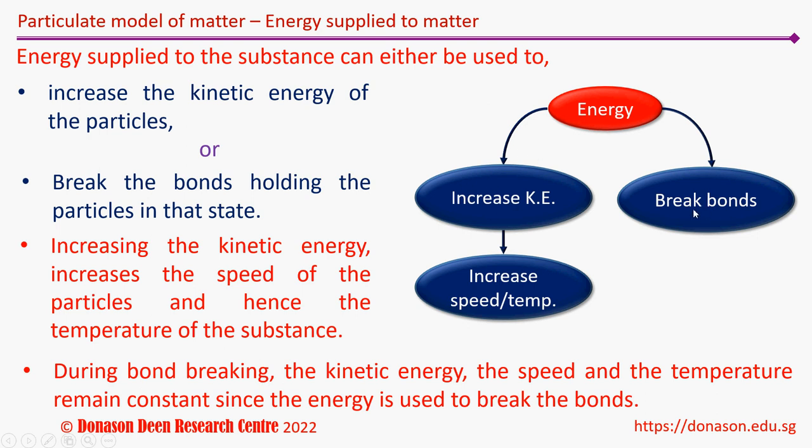So obviously throughout the process of breaking bonds, the kinetic energy is not going to increase or decrease, so it's going to remain the same. Of course, when the kinetic energy remains the same, the speed remains the same, and the temperature would also remain the same. That's what I mean by during the bond breaking, the kinetic energy, the speed, as well as the temperature remain constant, since the energy is now used to break the bonds holding the particles together in the given state.